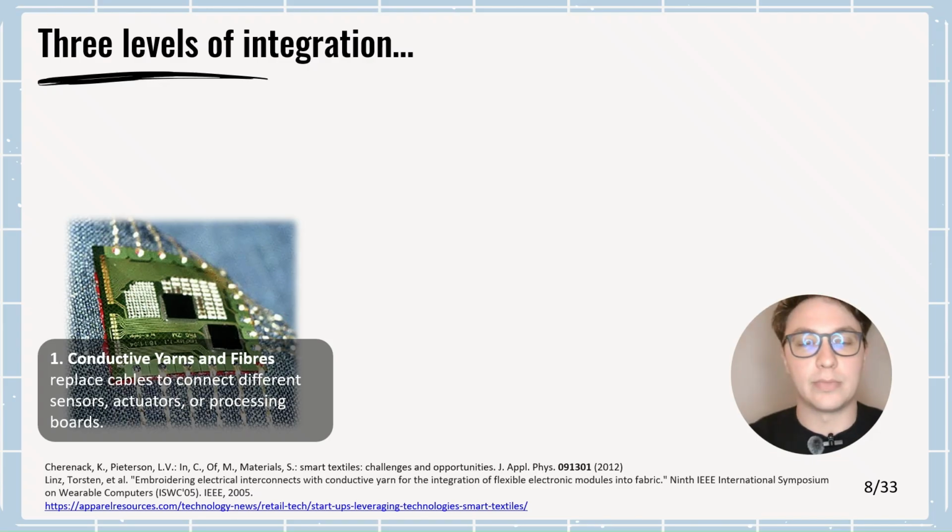Having a look at the integration of this electronics, we do have three levels. Specifically, we can start from the very basic one, based on conductive yarns and fibers, in which basically all the cables and connecting system are replaced by conductive yarns made out of textiles. But all the sensors and actuators are made out of bulky material and pretty much standard.